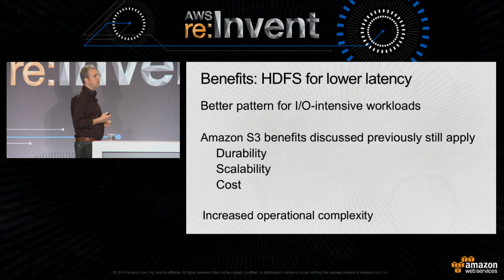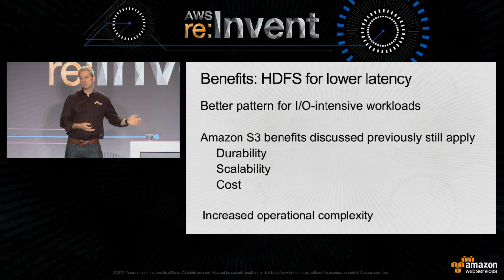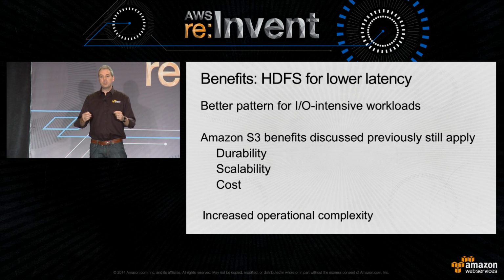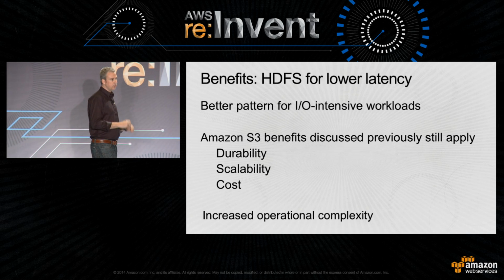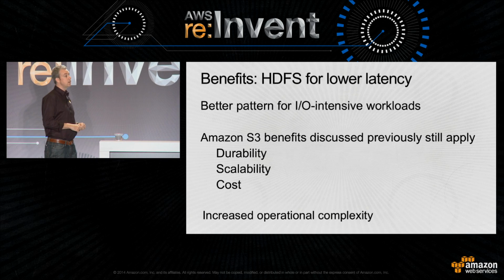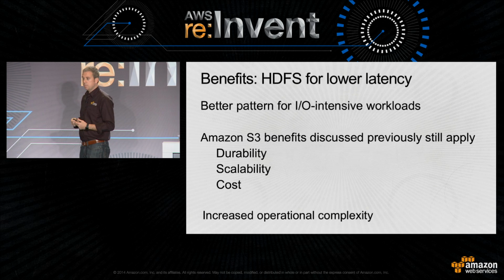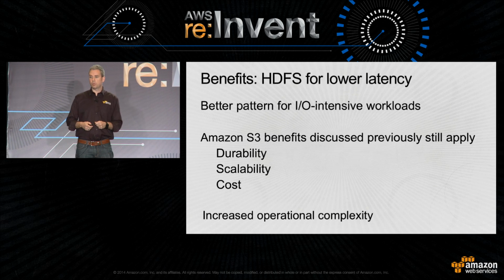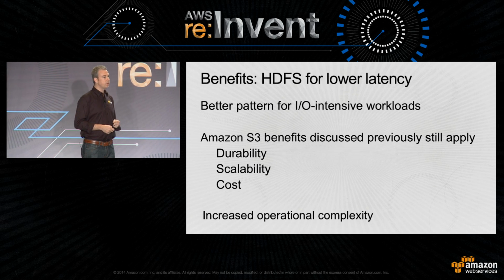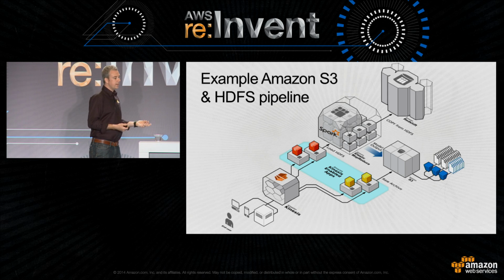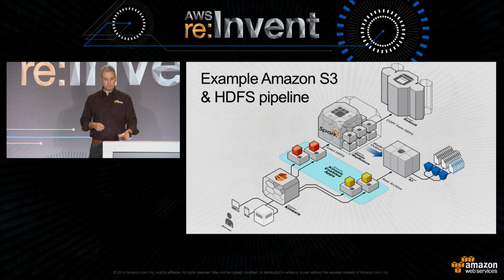You have to administer the fact that your cluster is lifting up a data set into HDFS before it does work, and you have to ensure that that data is stored back down to S3 for long-term storage. But in many cases, this can be very, very useful and allows you then to optimize your cluster for HDFS access. So what's an example of where we might see this in use?